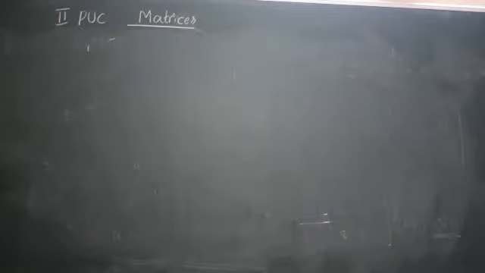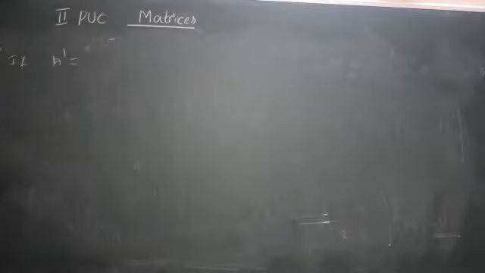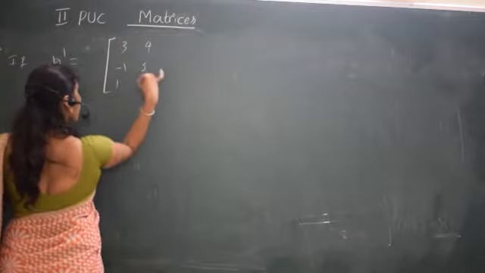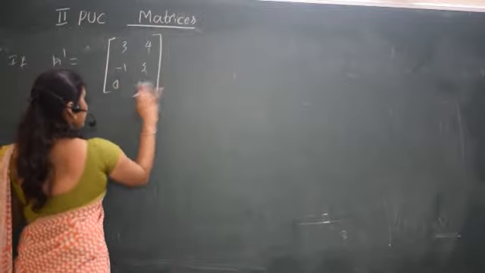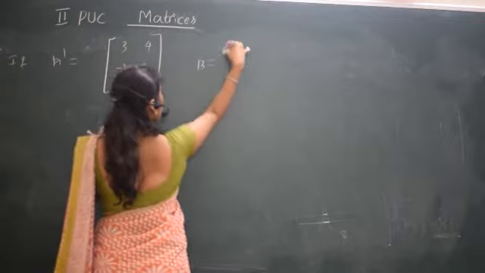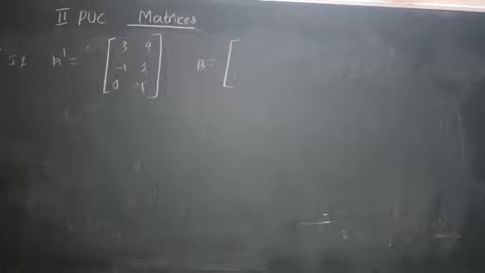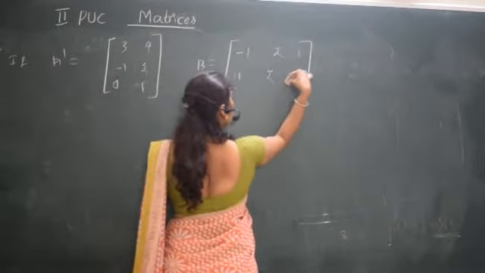So if A transpose is equal to the matrix 3, 4, minus 1, 2, 0, 1, and B is a matrix such that it is of order minus 1, 2, 1 and 1, 2, 3.